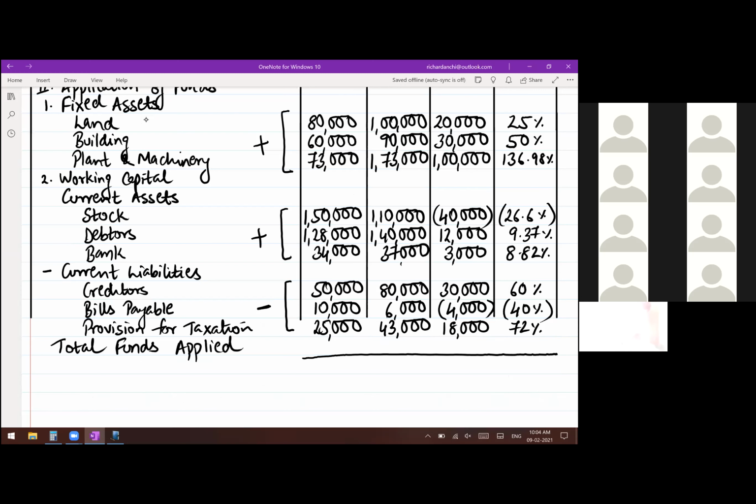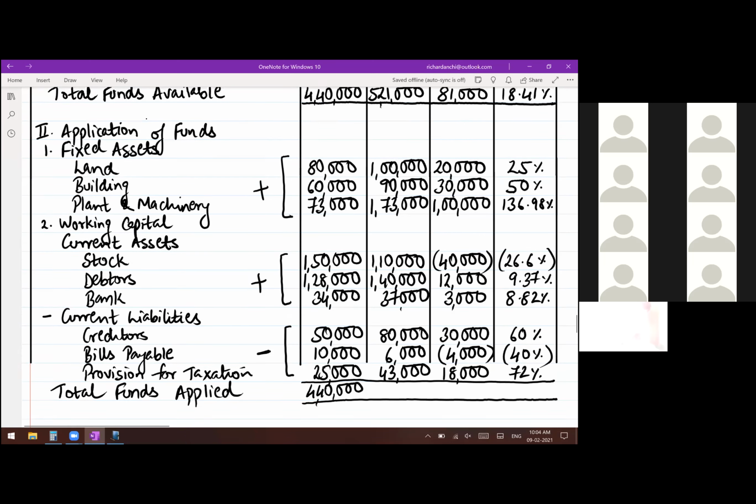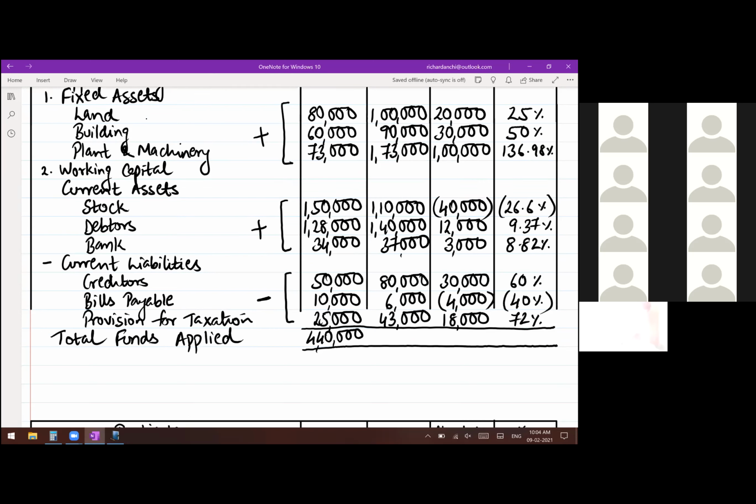But be very careful because current liabilities has come on this side. You are going to minus all of those items. So first column 4,40,000. Next item, that is the 2019 column. What is the total? You can try it, but it should come to 5,21,000.